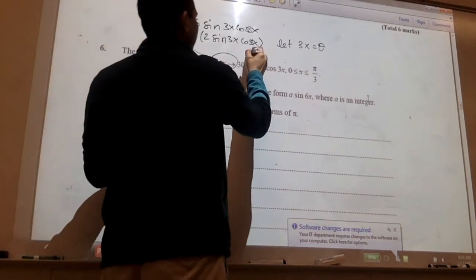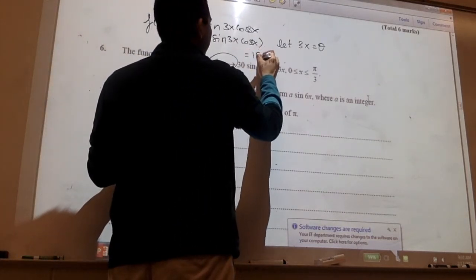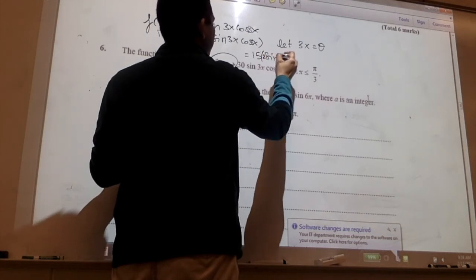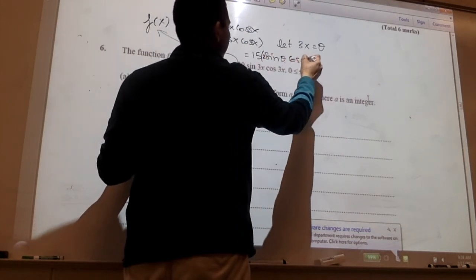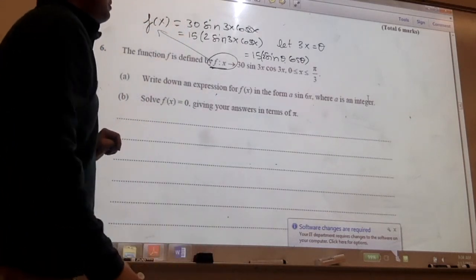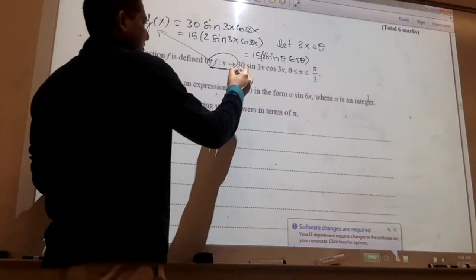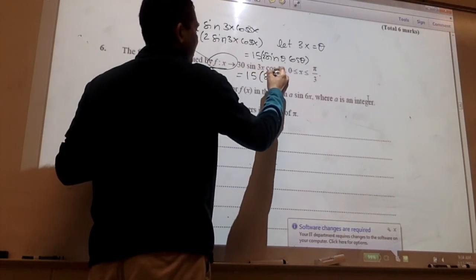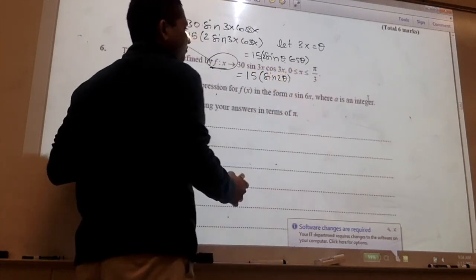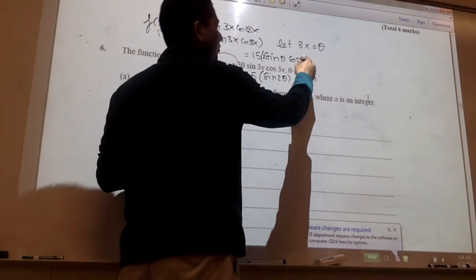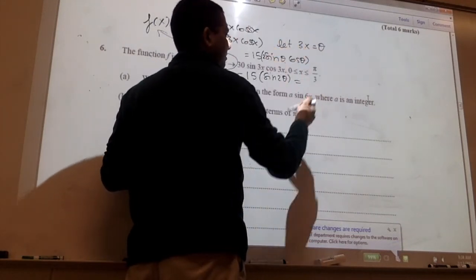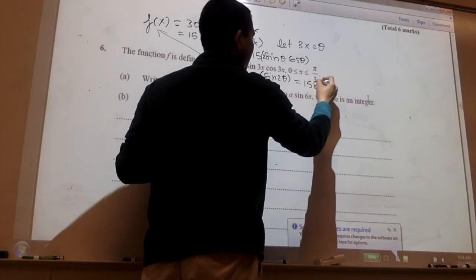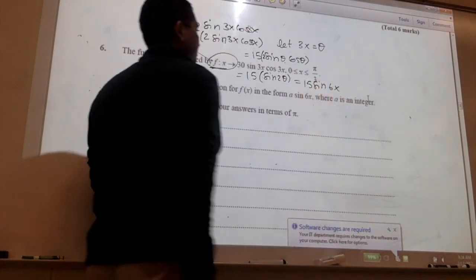Then you can write this as 15 times 2 sine theta cosine theta, and that is sine 2 theta. So that will give you 15 sine 2 theta, which you plug back in as 3x. So what would that give you? 15 sine 6x.